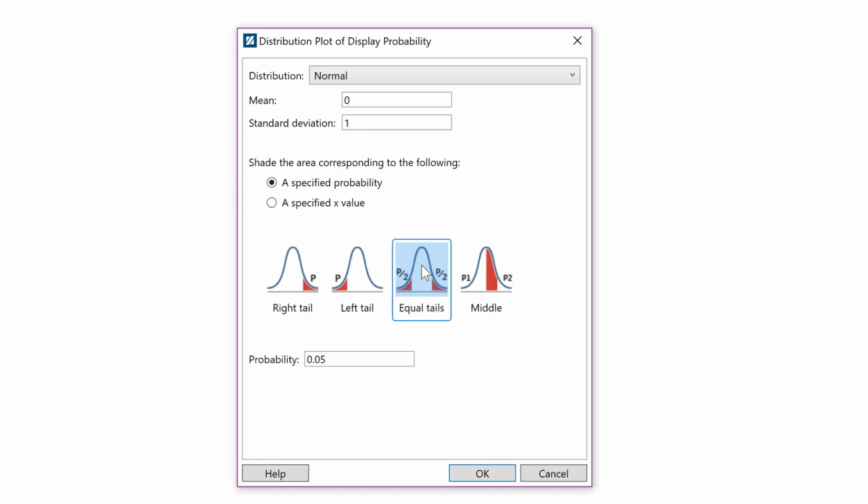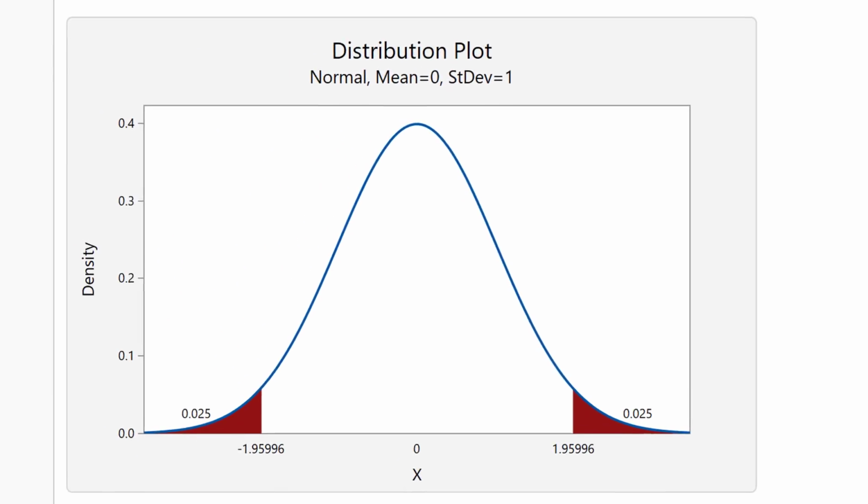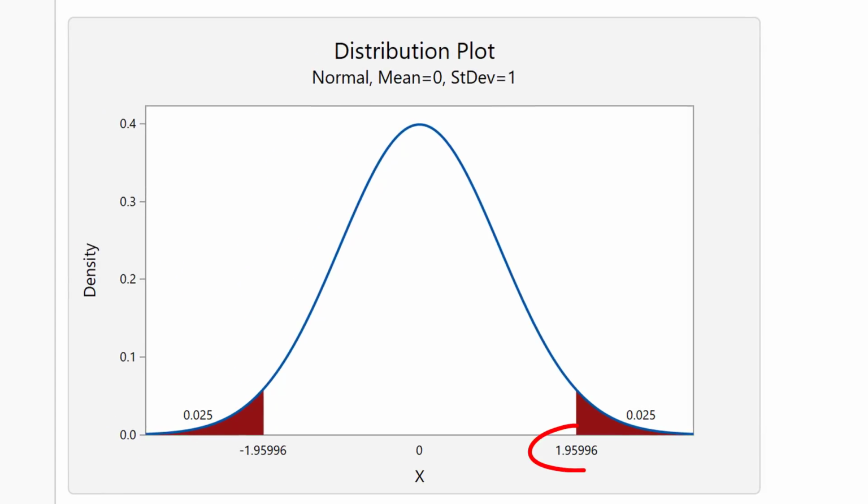Select equal tails and confirm that 0.05 is split between the tails. Our z multiplier is 1.95996. You'll often see this rounded to 1.960.